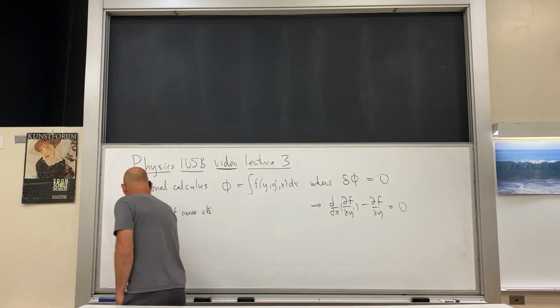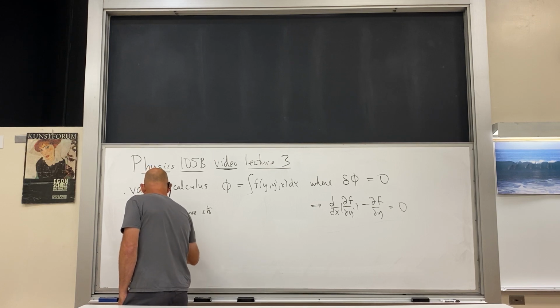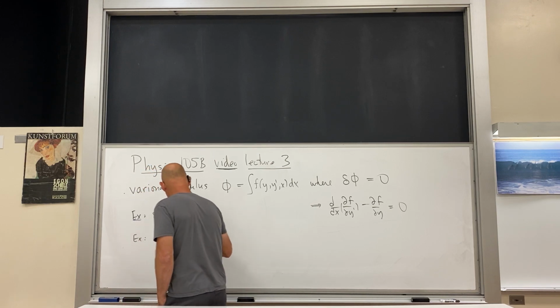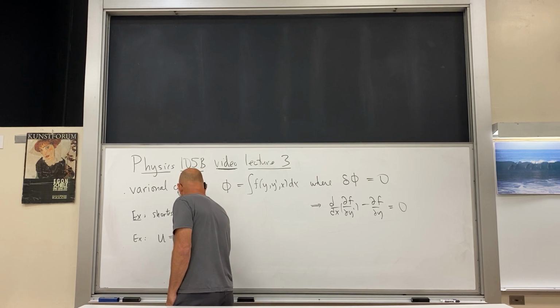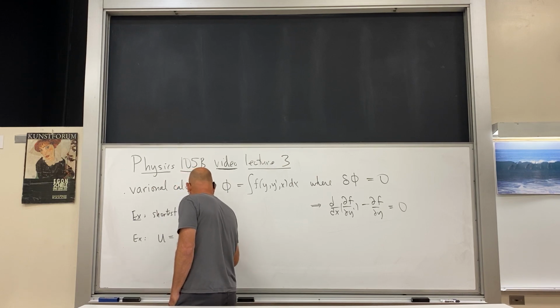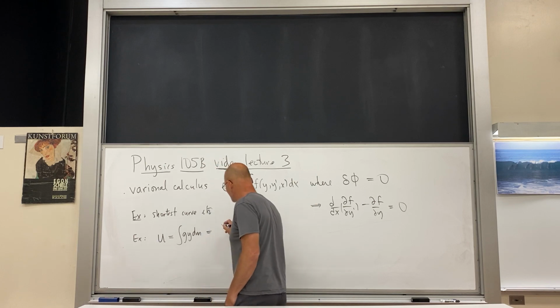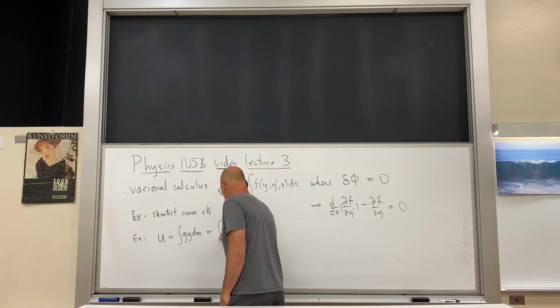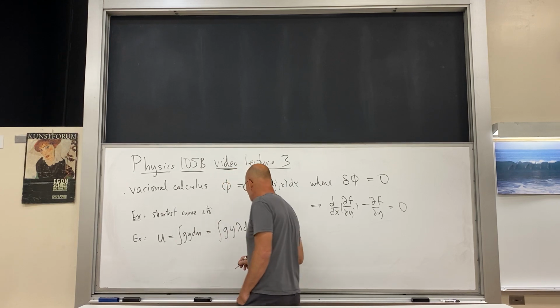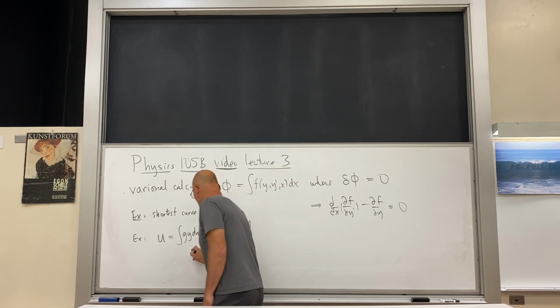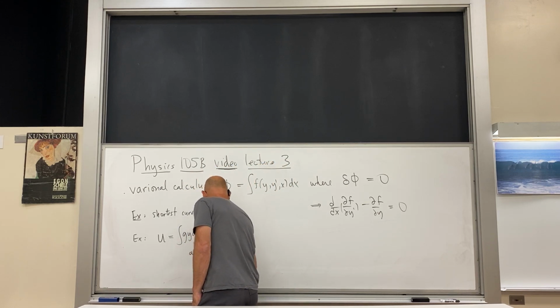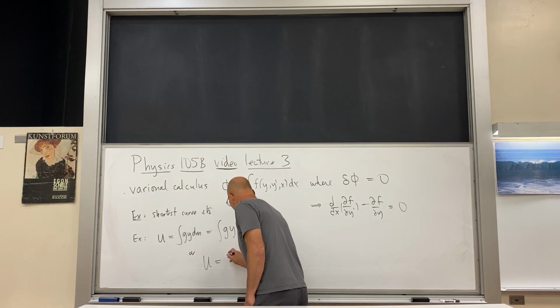And the next example was U equals integral g y dm, which we decided was integral g y lambda dl, or potential energy is equal to, I can pull out the g and the lambda.